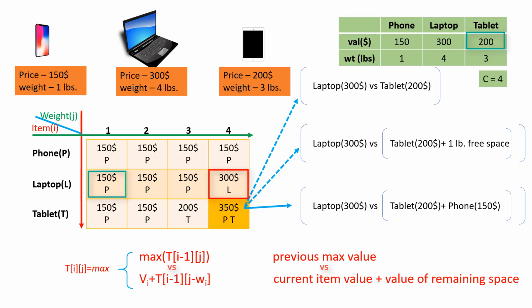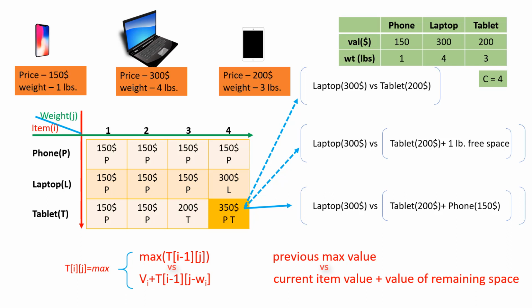So if you see here, we have used the same thing. We have used the current item value, which is the $200 tablet, plus the value of the remaining space, which is 1 lbs. Let me highlight here, I have mentioned vi. Vi means current item value, and that value will come from the inputs.